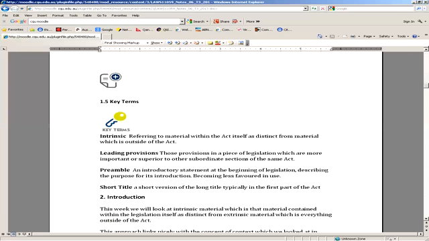Short title: we see short and long titles for an Act. I remember when they were changing the University of Queensland Act. For each of the Queensland universities, from recollection, there is legislation specifically about that university.